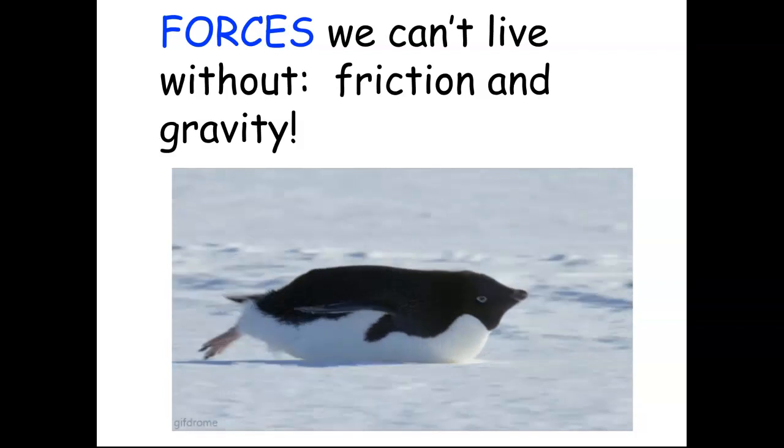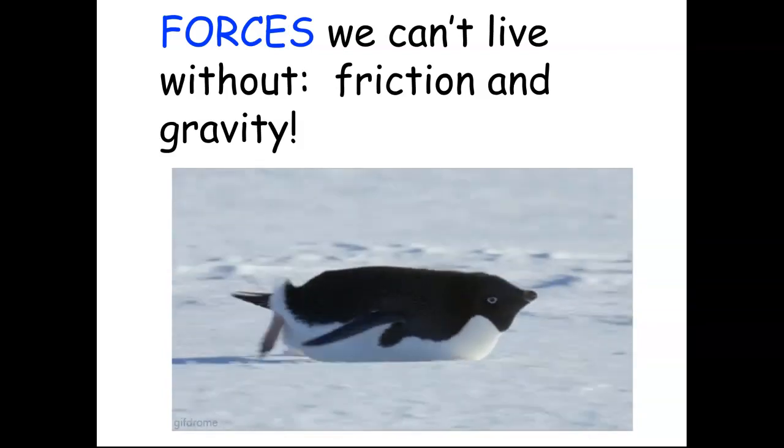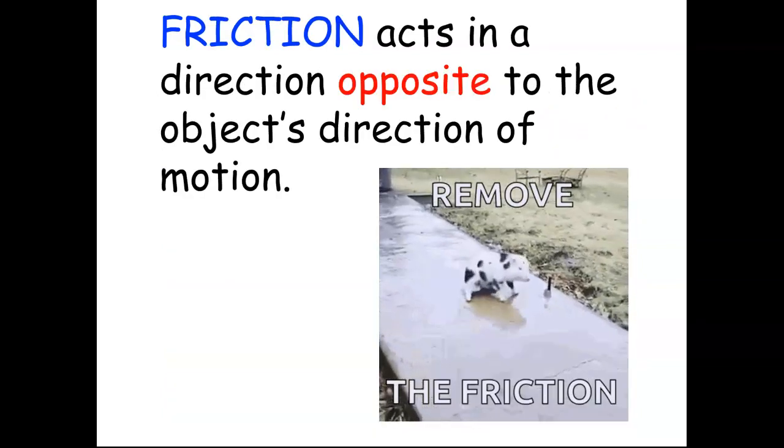Some forces that we experience in our everyday life are friction and gravity. So friction acts in the direction opposite of the object's direction of motion. So the little piggy is going downhill this direction, and friction is acting against it in this direction.